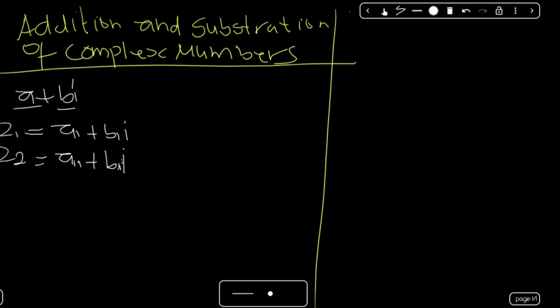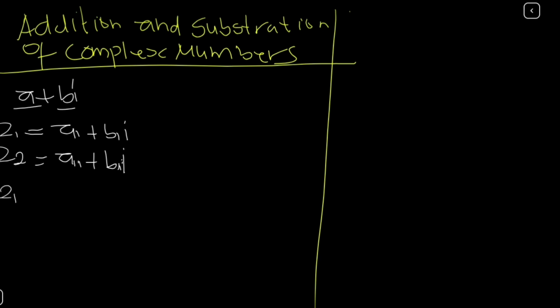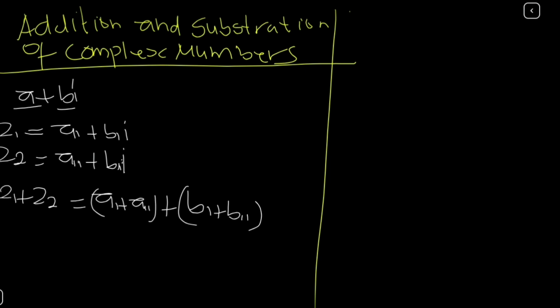If you're asked to add these two complex numbers, z1 plus z2 becomes a1 plus a2, and then plus b1 plus b2, all multiplying i.